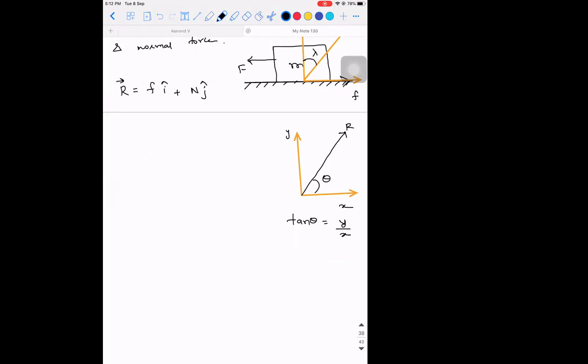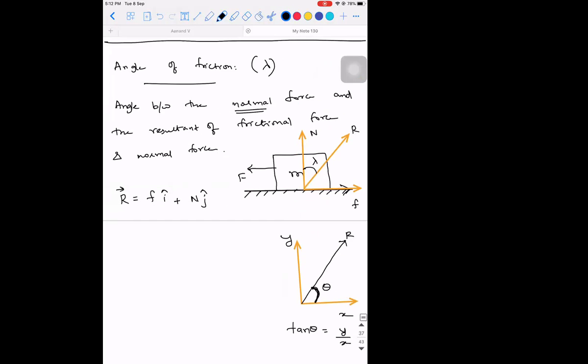So with respect to theta, the opposite is Y and the adjacent is X. We know that tan theta is equal to opposite by adjacent. That is why we wrote it as Y by X.